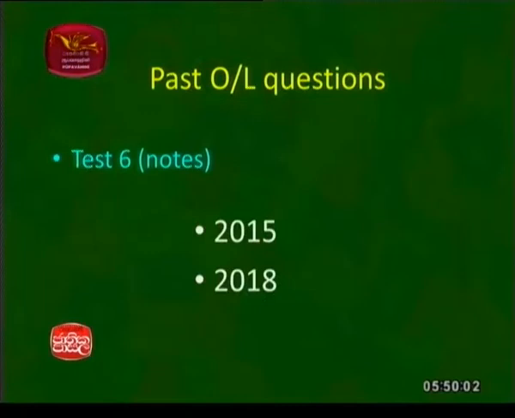Now, you may wonder, what we learn, how to put them into practice. Now, here you can see, as I told you children, we have only notes and notices appearing in the O-level paper so far. Test 6, 2015 and 18 notes had come.